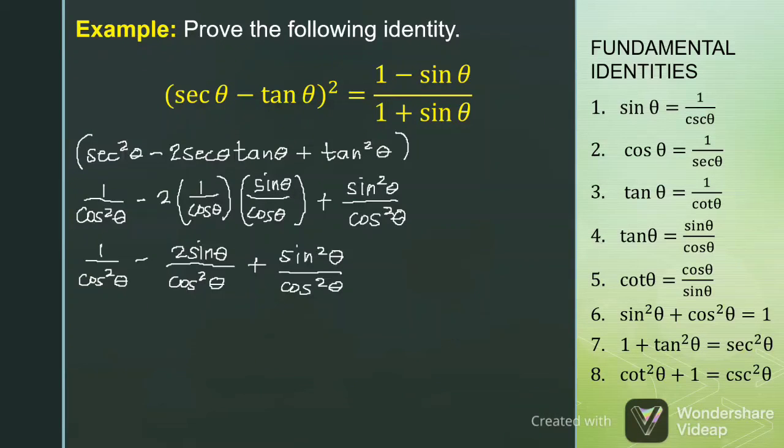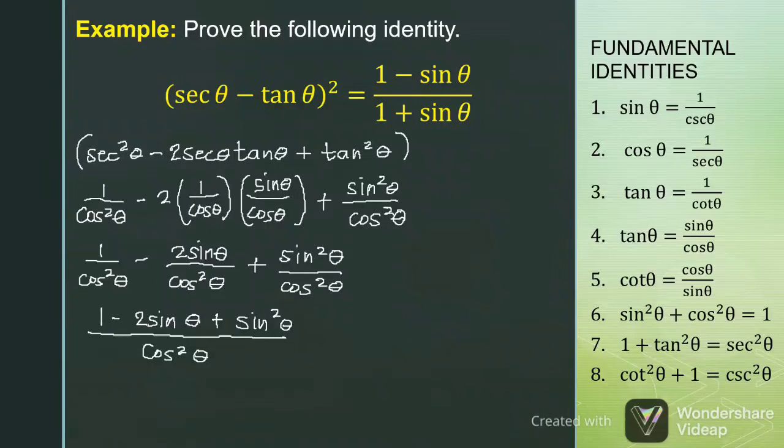Can we add the three fractions? Yes, because they have the same denominator. Similar fractions. So we can now copy cosine squared theta. Then 1 minus 2 sine theta plus sine squared theta.